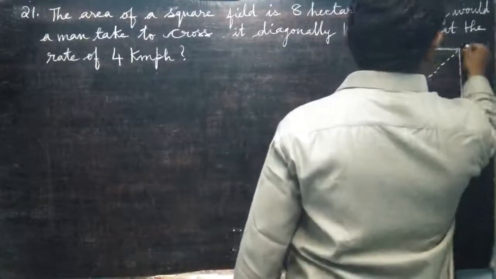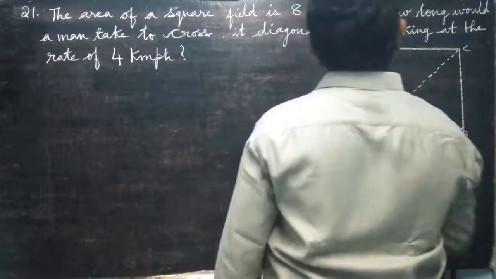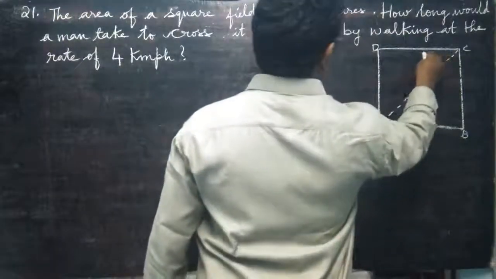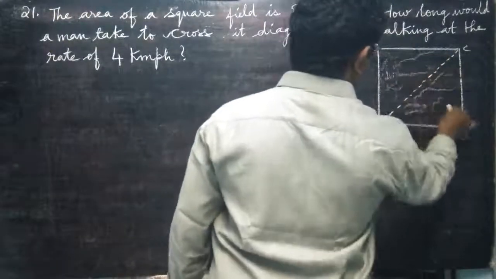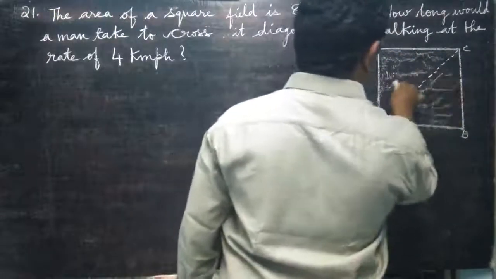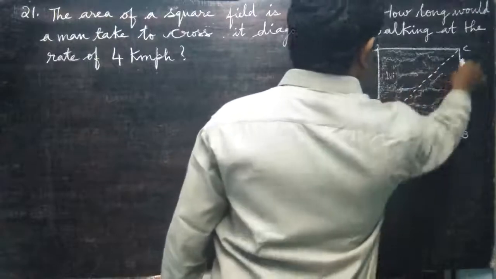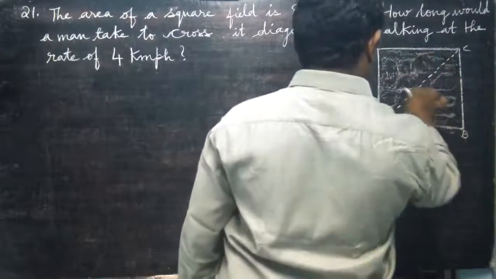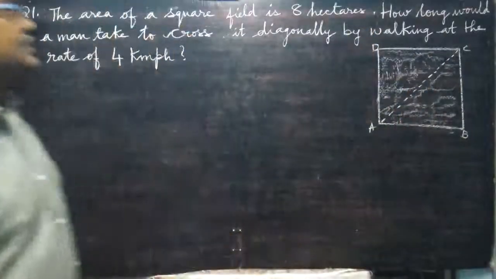ABCD is a square field, AC is the diagonal. And they have given this area, the shaded part, 8 hectares.